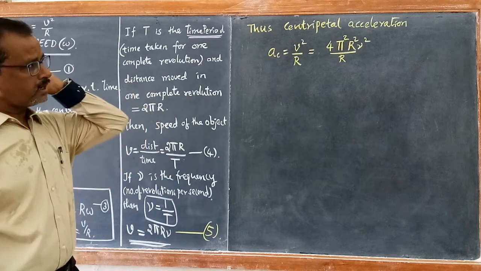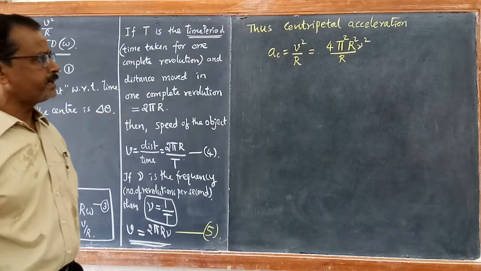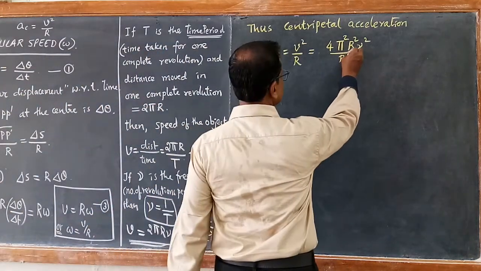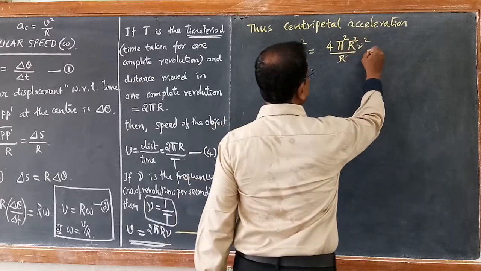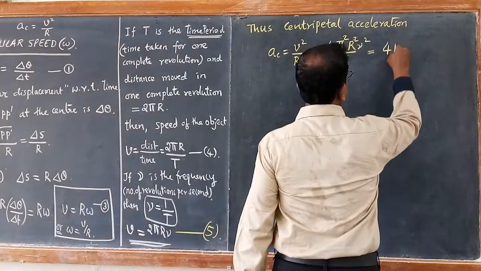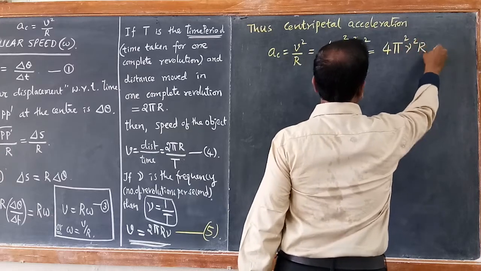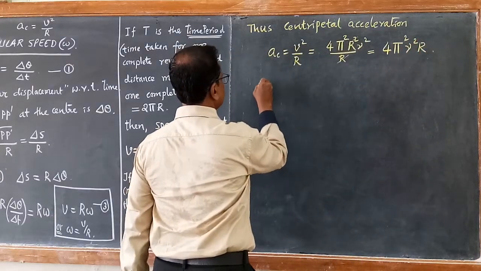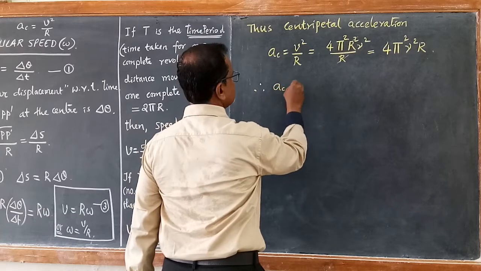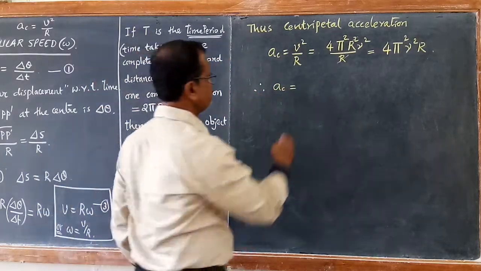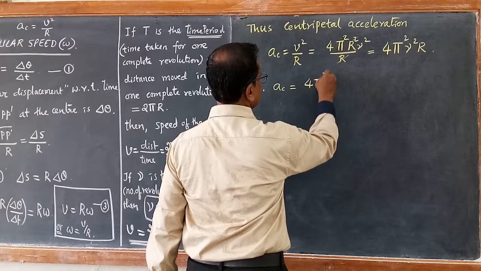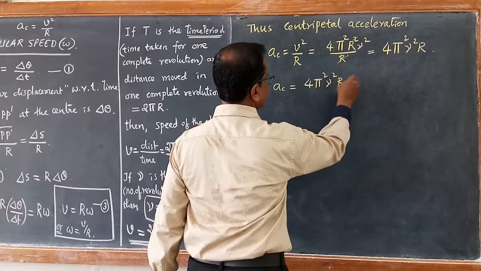So one r cancels. Thus we are getting 4 pi square nu square r. Therefore, centripetal acceleration a_c is equal to 4 pi square nu square r.